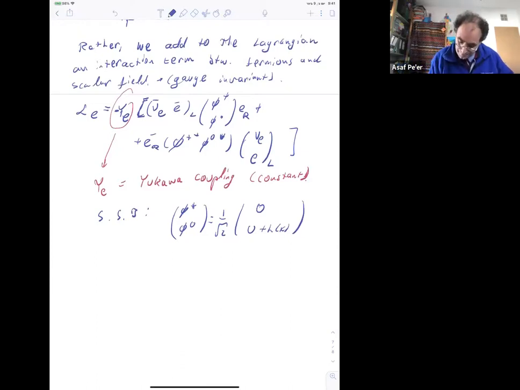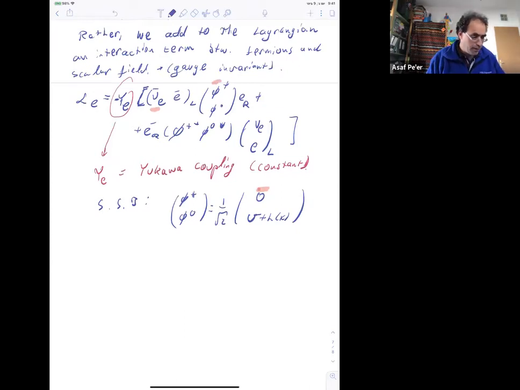This 0 here means that the neutrino will end up massless.